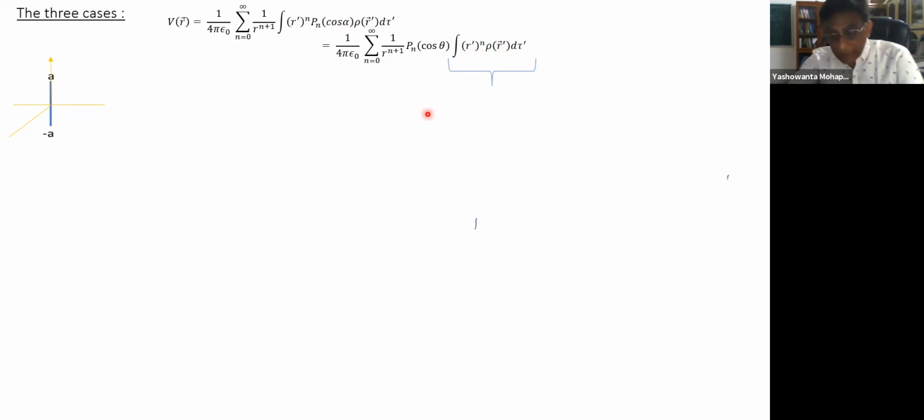I have taken this far-sighted approach because this is a very straightforward charge distribution between minus a to a. I am somewhere here, and hence I take from the center to that angle as alpha for all the points here, and hence I'm taking this cos alpha out of this integral, and defining this integral.